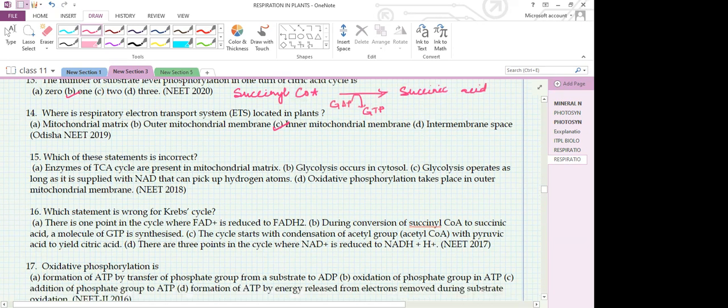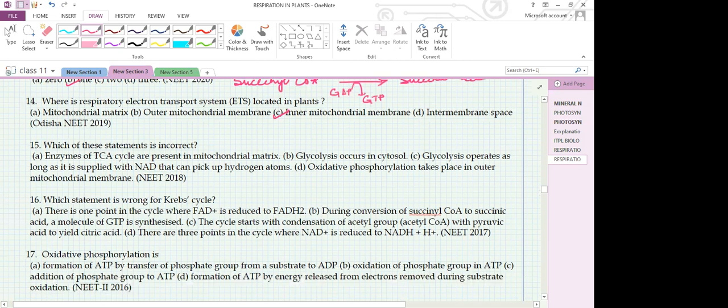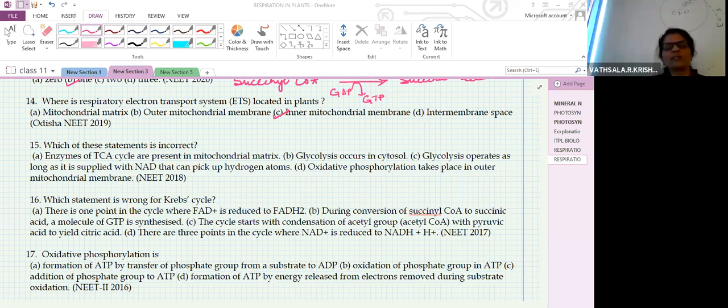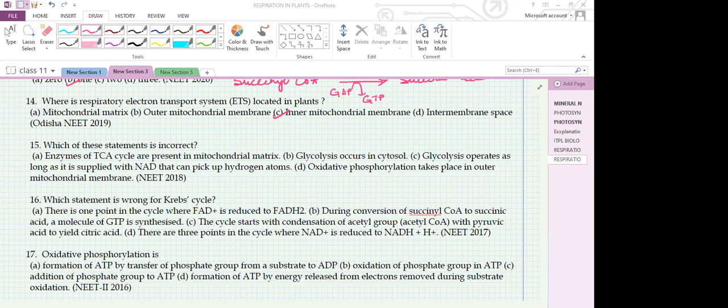Enzymes of TCA cycle are present in mitochondrial matrix. Glycolysis occurs in cytosol. Glycolysis operates as long as it is supplied with NAD that can pick up hydrogen atoms. Oxidative phosphorylation takes place in outer mitochondrial space. Your voice is breaking.